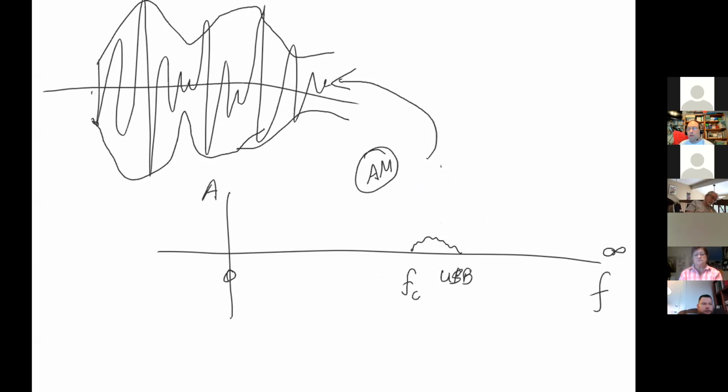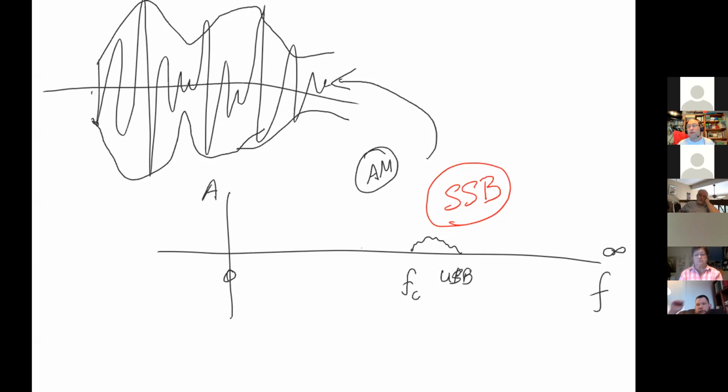So instead, we're going to only transmit one sideband, and we're going to call it upper sideband or lower sideband. And since there's only a single sideband being transmitted, we call that SSB, or single sideband. So now our signal that originally looked like this is now only that.